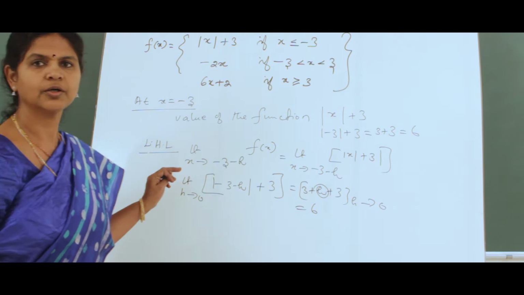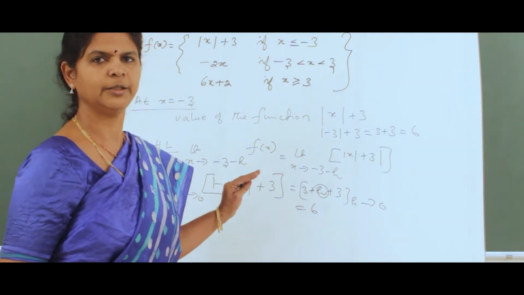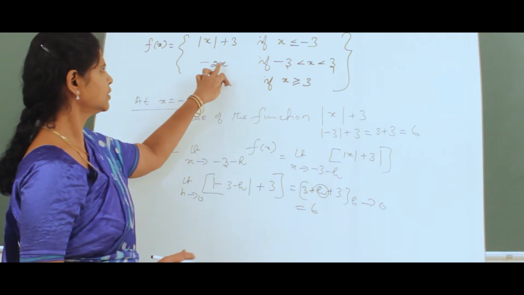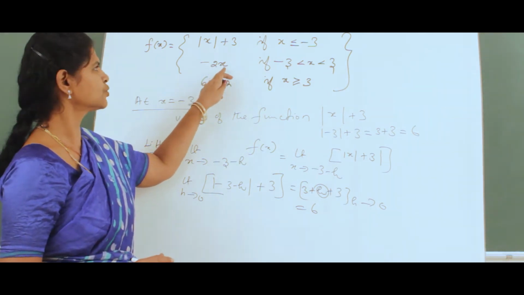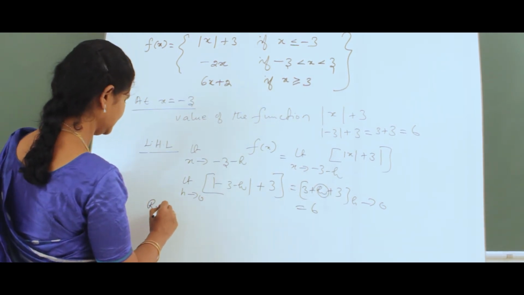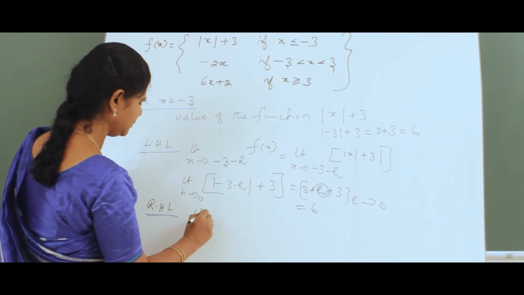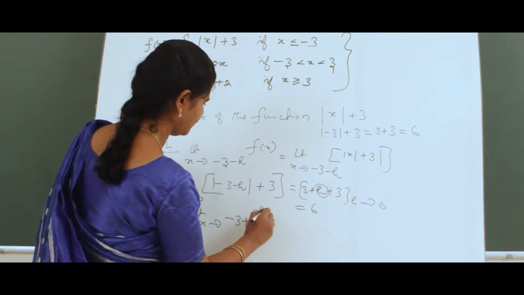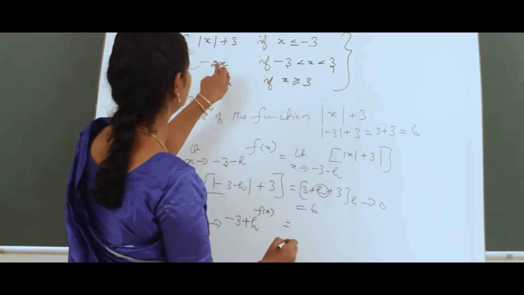Similarly, calculate the right hand limit. For the right hand limit, the function is -2x. From this you can see -2 into -3 is 6, but how do you write it in the limit? The right hand limit is equal to limit x tends to -3 plus h, f of x, which is -2x.